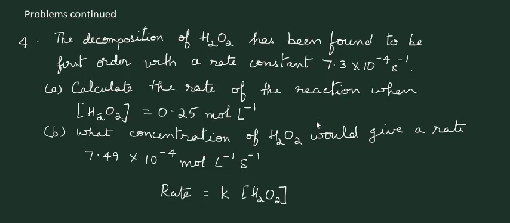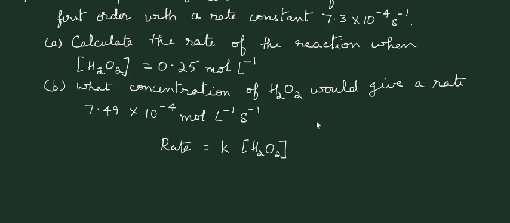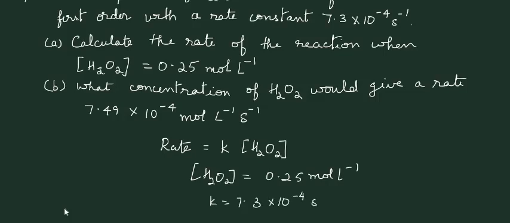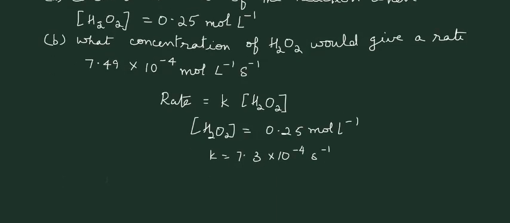So K value is given and you are asked to calculate the rate of the reaction when concentration is 0.25 moles per liter, the first one. So concentration of H2O2 is given as 0.25 moles per liter and K is given as 7.3 into 10 raised to minus 4 second raised to minus 1.